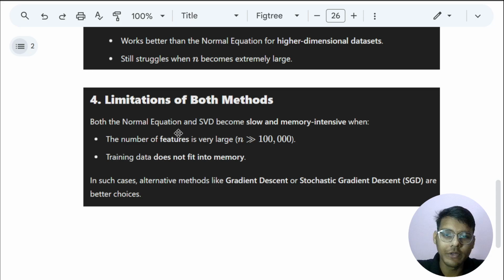Both the normal equation and SVD become slow and memory intensive when the number of features is very large and the training data doesn't fit into the memory. If you are using the normal equation or SVD, your system can crash due to memory. Doing the same computation in a more efficient way is always the key to saving your memory, your computational energy, and your time as well.